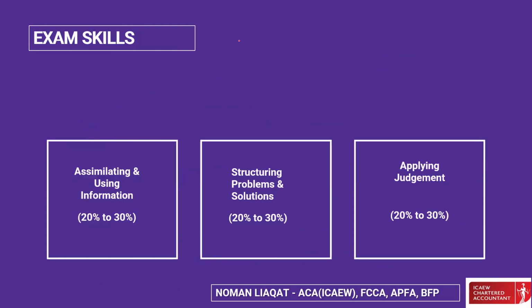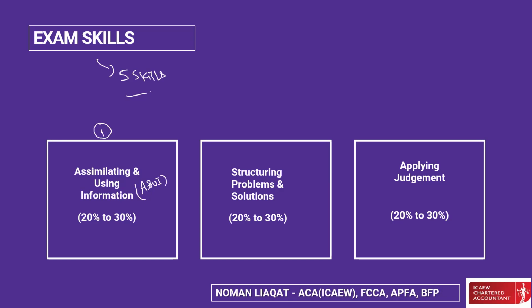As I said earlier, we also require some skills to make sure that we pass our case study exam. There are five skills that are required by ICAEW just to make sure that you pass your case study exam. First of all, the skill is assimilating and using information, or this is also called A and UI.